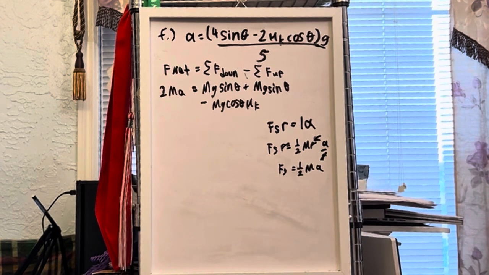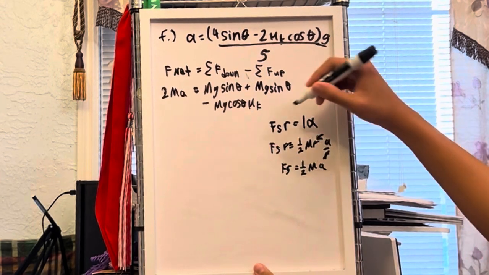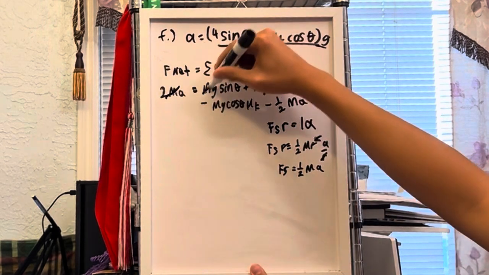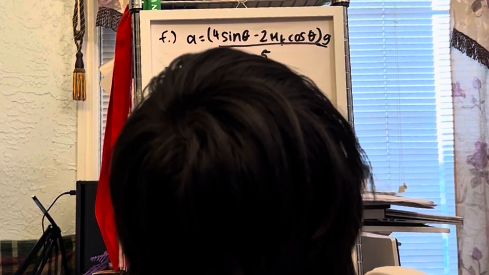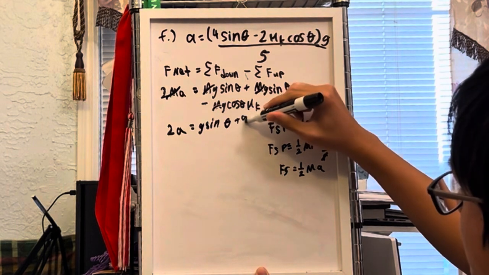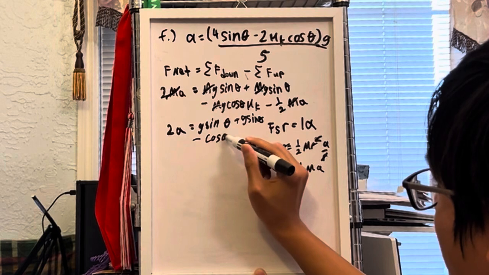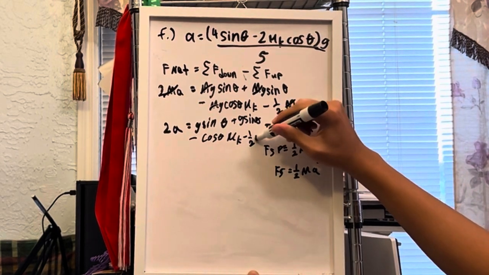And I do this because I can't just do Fn times mu s, because it's a circle and the circle's motion is different. I have to use this torque expression to find what Fs is. So I know Fs is equal to 1/2 ma, so I can just do 1/2 ma like this. I know that the m's are all going to cancel out. So I'm going to have 2a is equal to g sine theta, plus g sine theta, minus cosine theta mu k, minus 1/2 a, right?